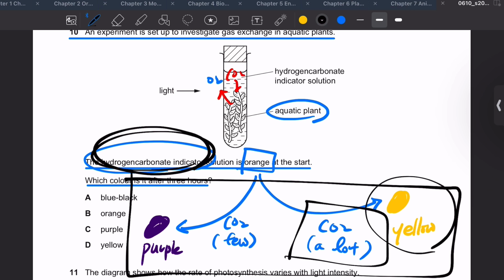It's going to change the color to purple if there's only few CO2 molecules. In biology, you just have to memorize some things without knowing why. There's of course a reason for this, but you don't have to know why it's happening. At this stage, you're preparing for the exams, so just memorize this part, okay?